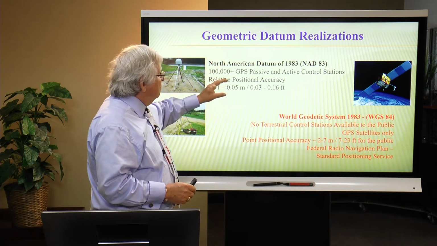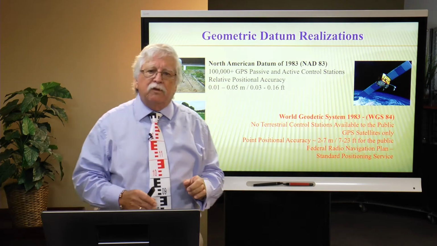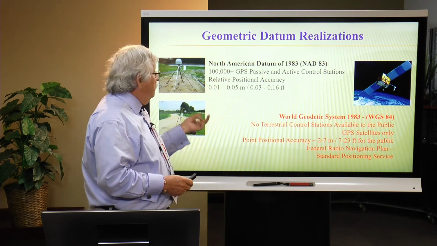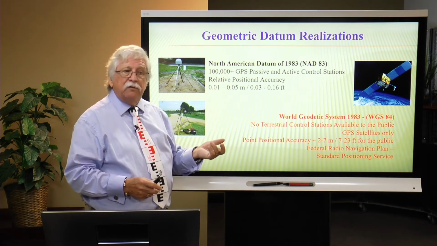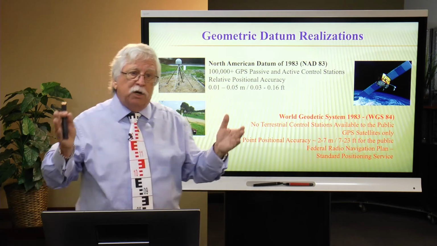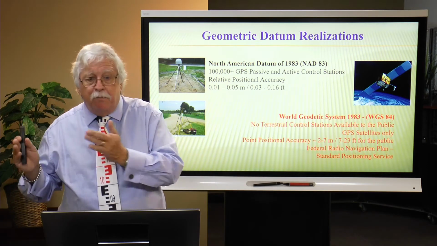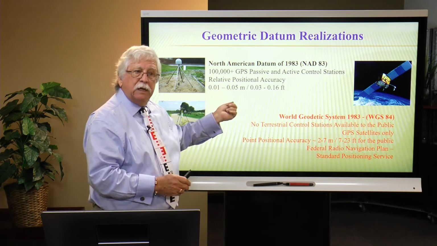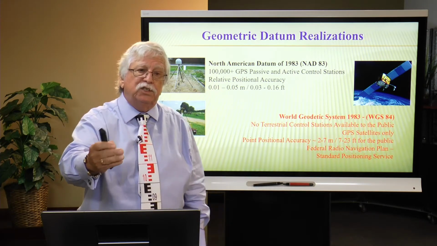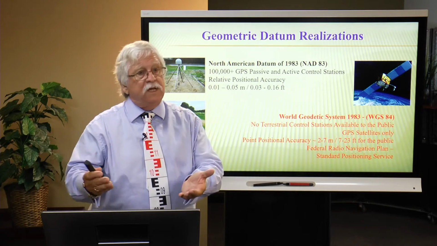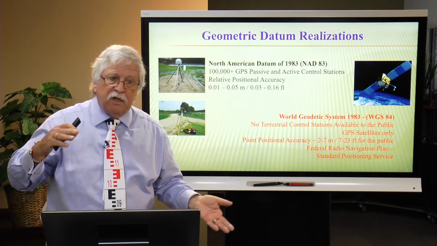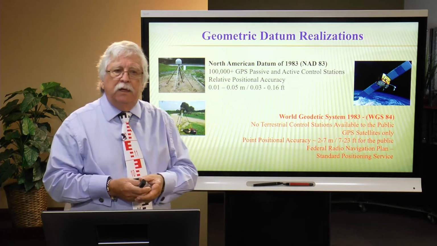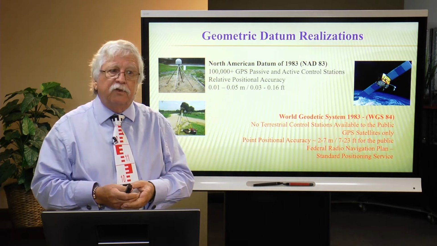The National Geodetic Survey provides over 100,000 of these with positional accuracies relative to one another in the range of 1 to 5 centimeters. So there's a very large amount of accessibility to NAD83 at very high levels of positional integrity. So when you report that you have a position in NAD83 at 1 centimeter or 2 or 3 or 5 centimeters, that's easily definable within the context of the passive or active control stations.